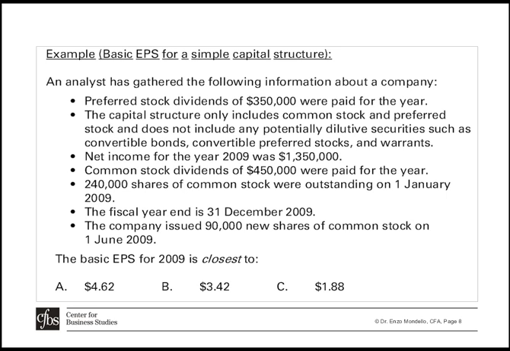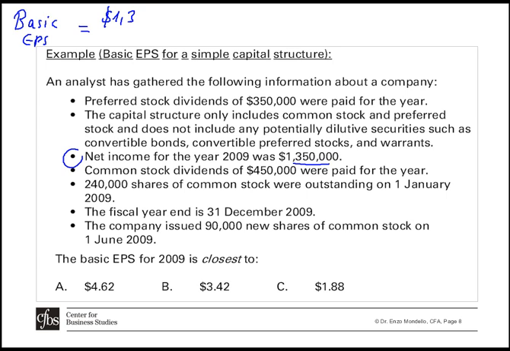Well, in order to calculate basic EPS, we have to write down the equation, or we know the equation already from our previous big picture. So we have to take the income available to the common shareholders. That's net income minus the dividend payments to the preferred stockholders. We know that net income, we'll find this information in the third bullet point, is $1.35 million.